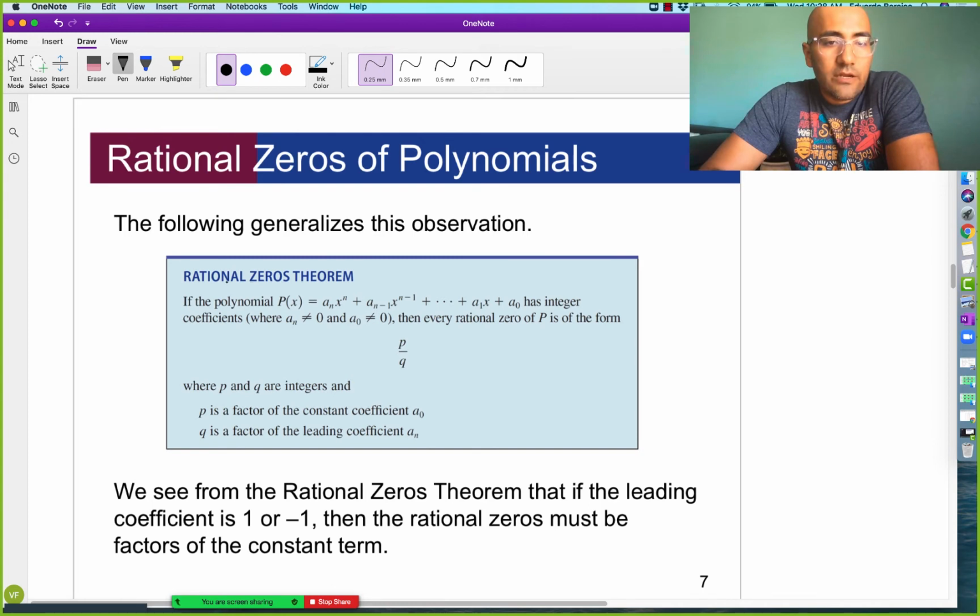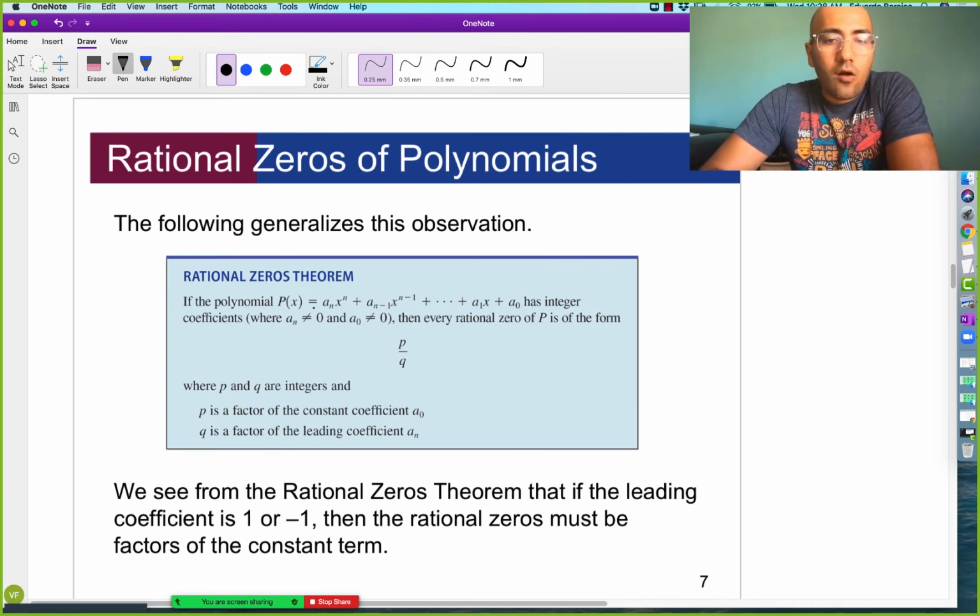Okay, so this theorem says that if we have a standard polynomial of degree n, just like we've been working with, here, this guy right here, what we're going to do is look at the constant at the end. That's going to be this a sub 0. We're going to look at the leading coefficient in the leading term, the a sub n, and the constant at the end.